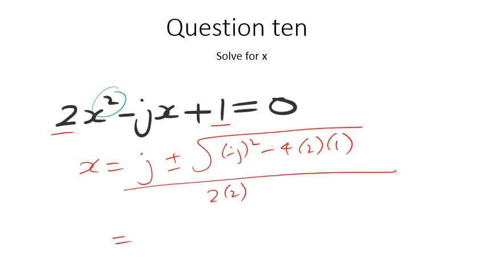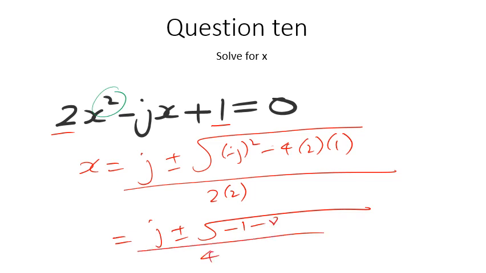Now watch what's happening here. So minus b becomes j plus or minus. Be very careful here. Minus j squared is j times j, which becomes minus 1. Minus 4 times 2 is minus 8, all over 4. So this becomes j plus or minus the root of minus 9, all over 4.